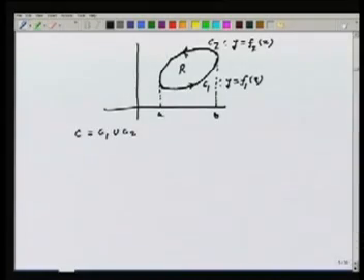Now I make an assumption on the curve C which this picture actually satisfies.